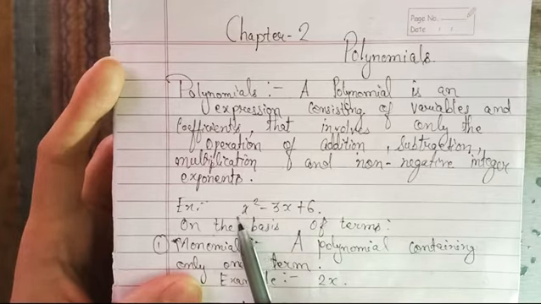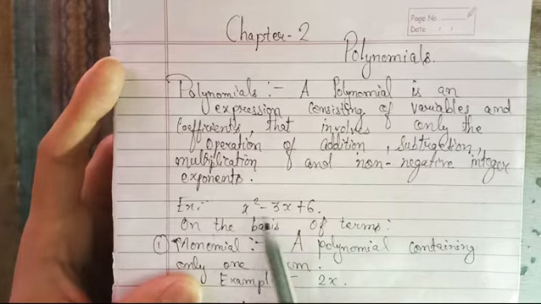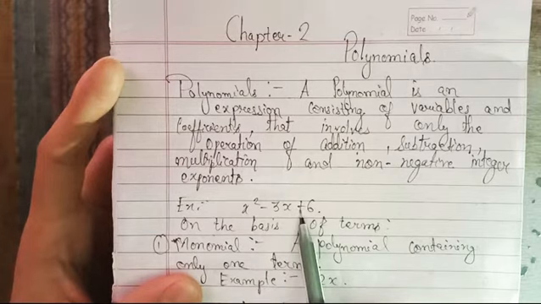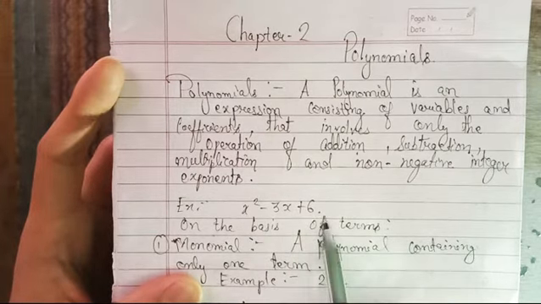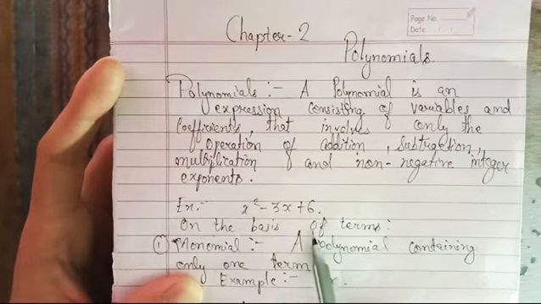So a polynomial is a combination of variables and coefficients, with some sign convention, that means there will be some negative, subtraction sign, or positive, that means plus sign, which will connect the whole expression. So that whole expression is called a polynomial.